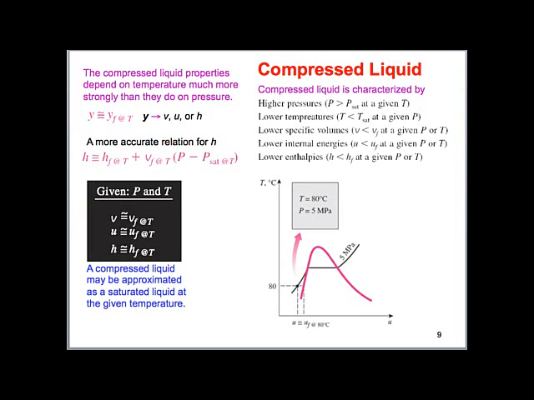If we look at a compressed liquid state, it is going to have lower temperatures and lower specific volumes. Basically, since in your text you're not going to see too many examples of properties of compressed liquids, what we're going to do is just assume that the properties of the compressed liquid are the same as the properties of a saturated liquid of that same fluid at a given temperature.